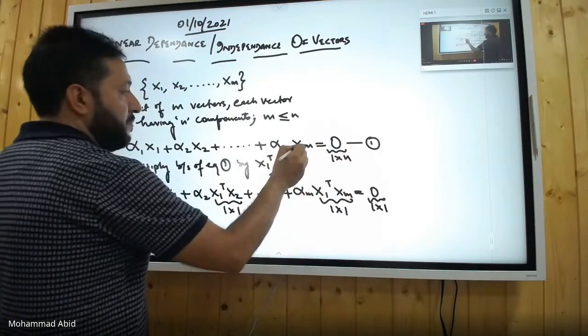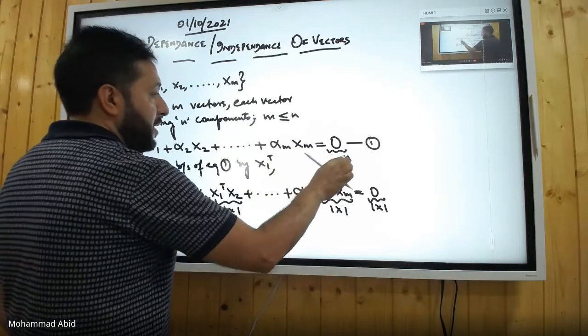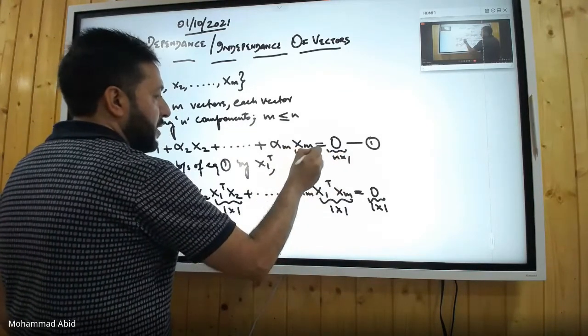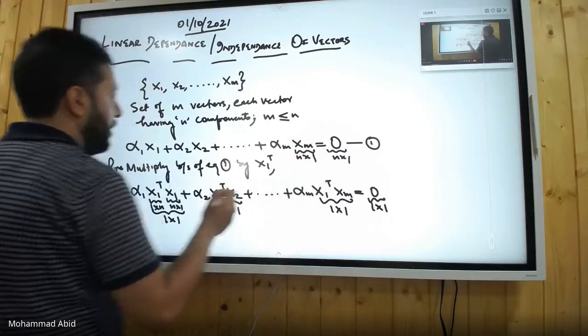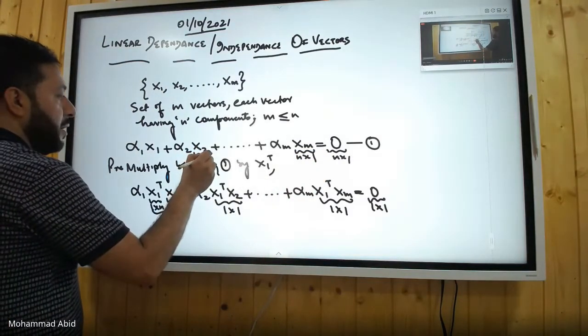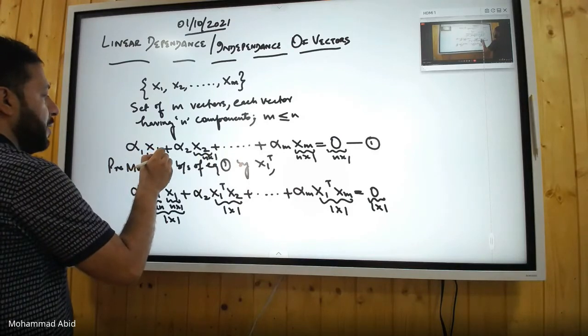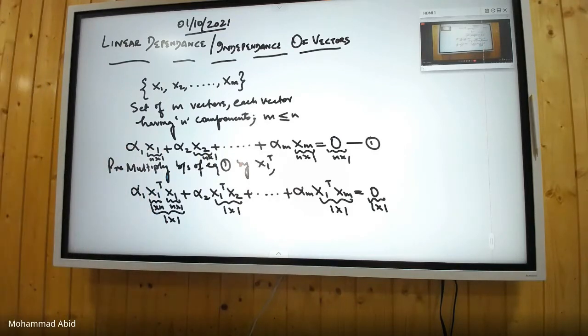These vectors are all n cross 1, right? This is n cross 1, this is also n cross 1, this is also n cross 1. Is that okay?